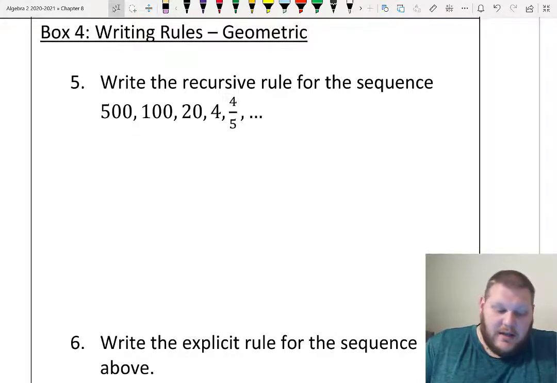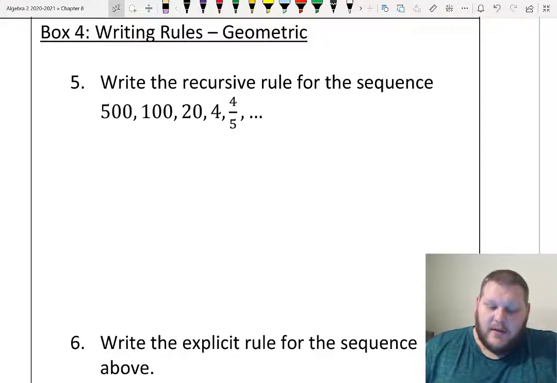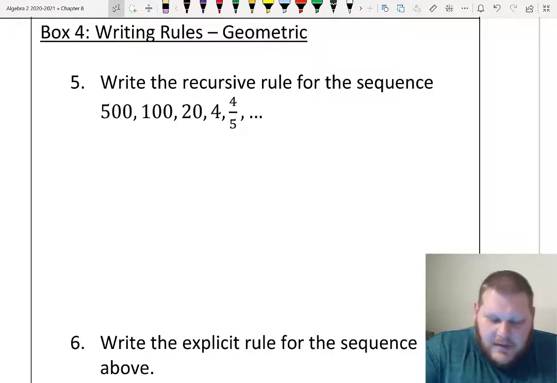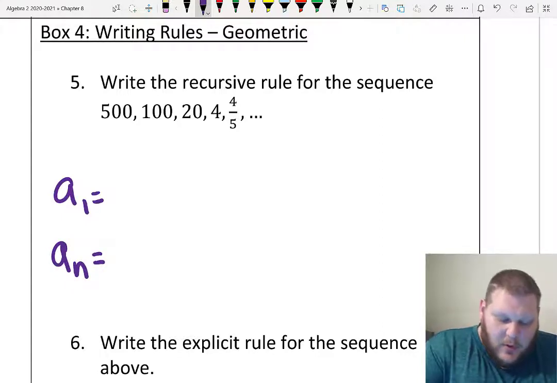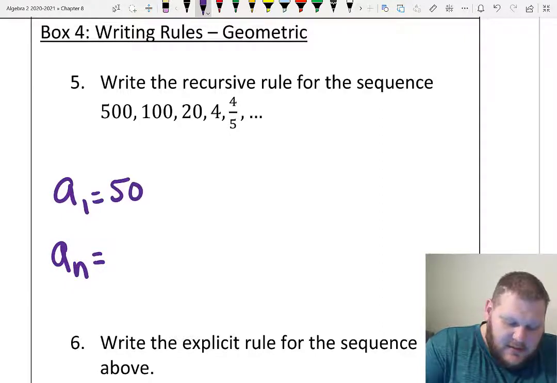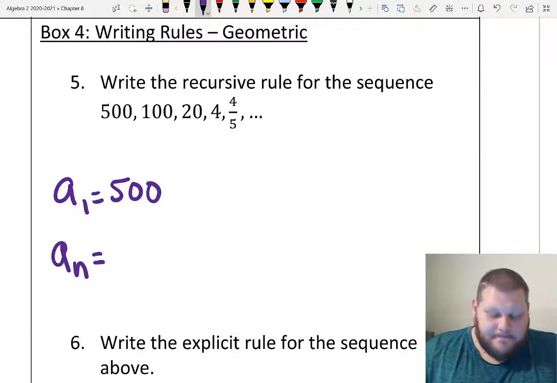So, in this box, number 5, we're asked to write the recursive rule for the sequence 500, 100, 20, 4, 4/5. So, recursive rule again, I need a sub 1, and then a sub n. So a sub 1, in this case, 500. It's just my first term, super easy.